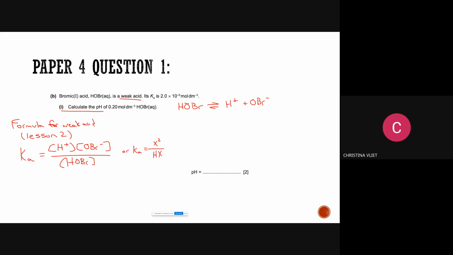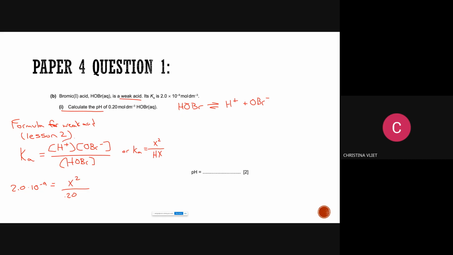So what do I have the information for? I've got the Ka. What else do I got? Got the weak acid. What am I solving for? pH. So what in here am I solving for? What gets me to pH? H plus, right? So x squared, right?